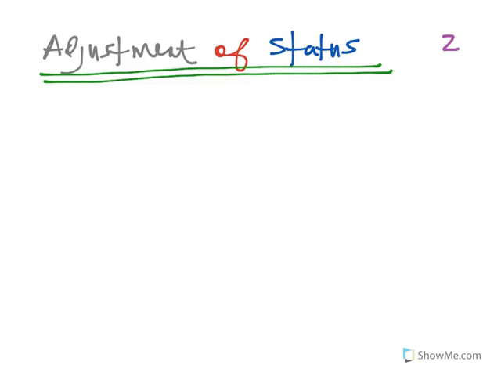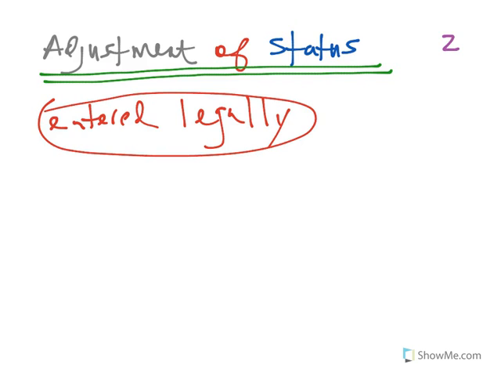Now, it's important to remember that the foreign national must have entered legally. And this is important because even if they overstayed their visa, like we explained before, they must have entered legally.